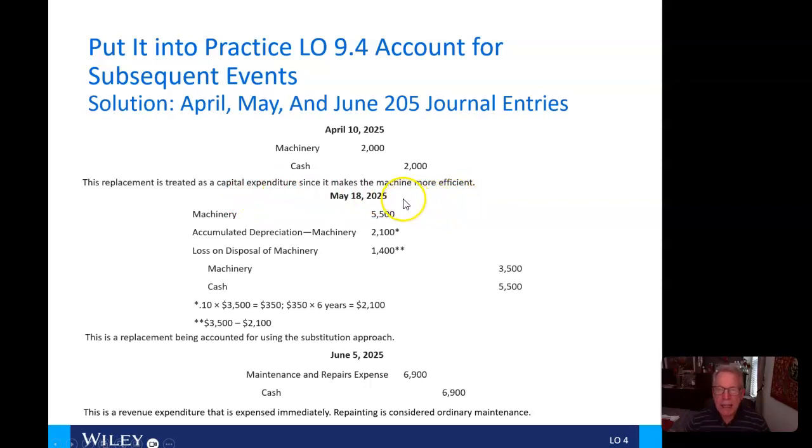Then on May 18th, this replacement is being accounted for using the substitution approach. So we'll put the new machine in, take the old accumulated depreciation out for $2,100. And again, that was calculated by taking 10% times $3,500.